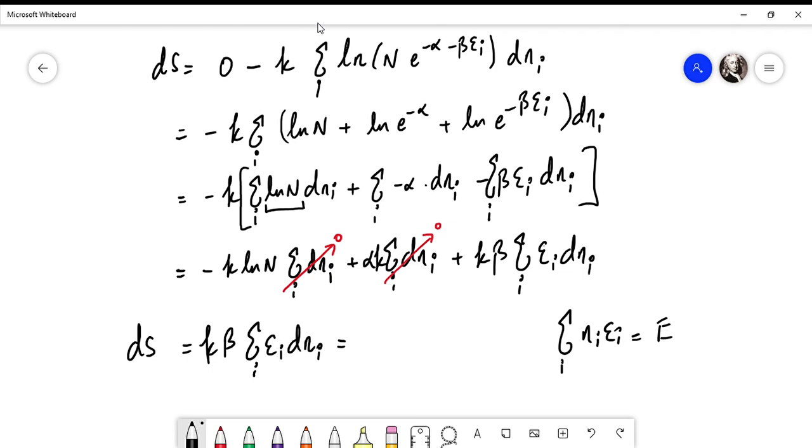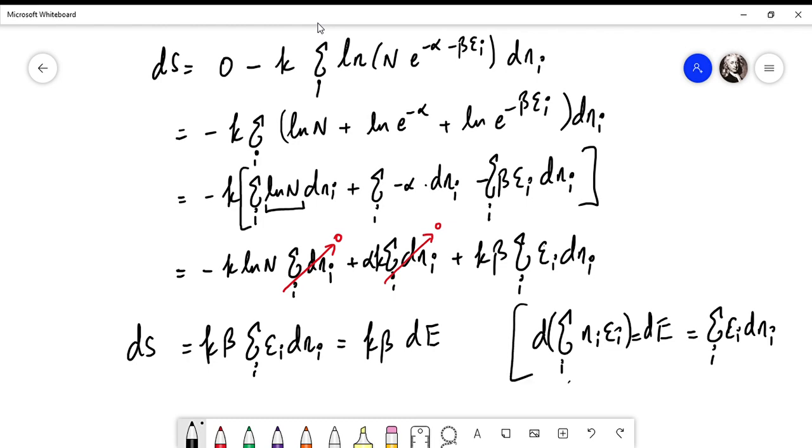So if you find the differential of this, it equates to summation of I ei dni, right? So ds is just k beta de. This is the thing that we used, we just found the differential.